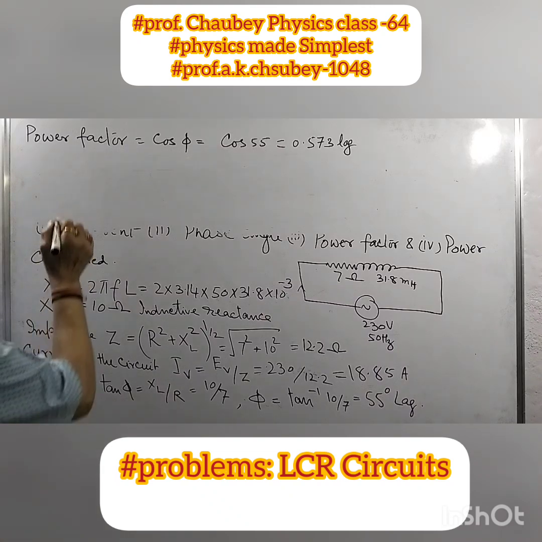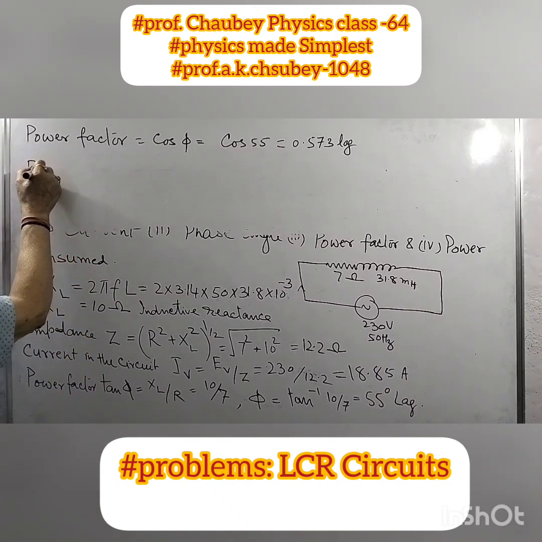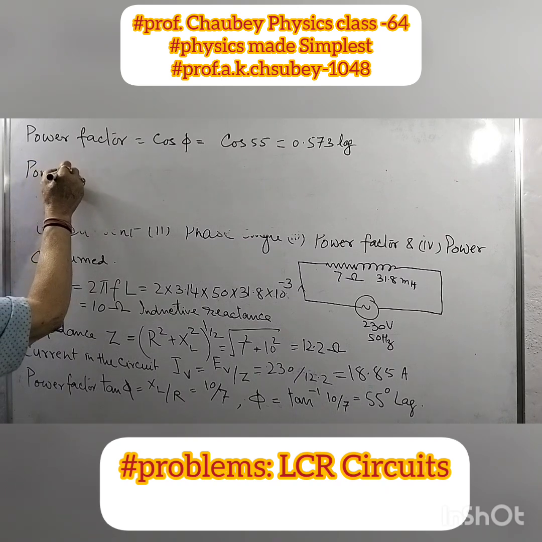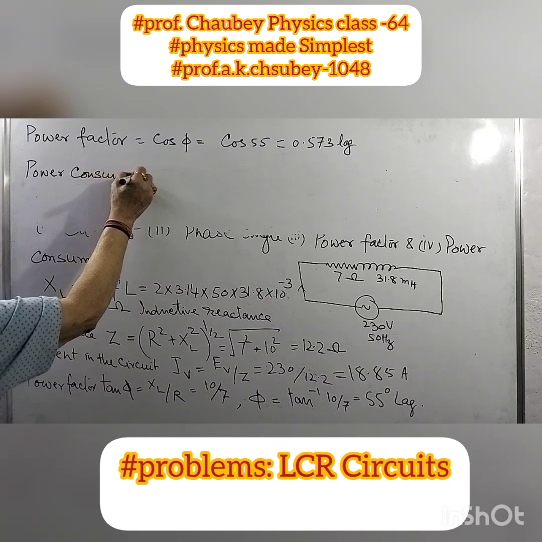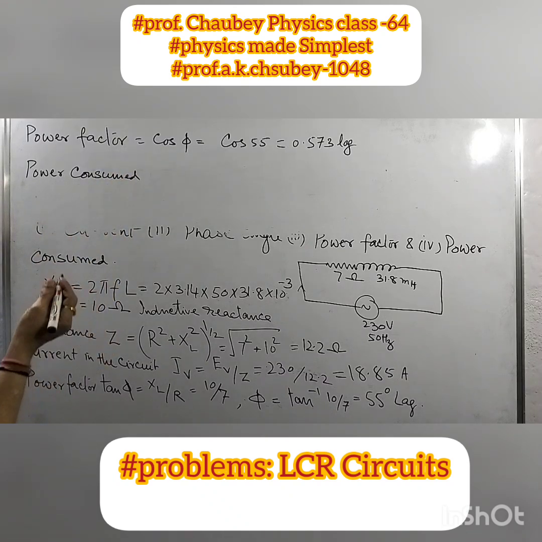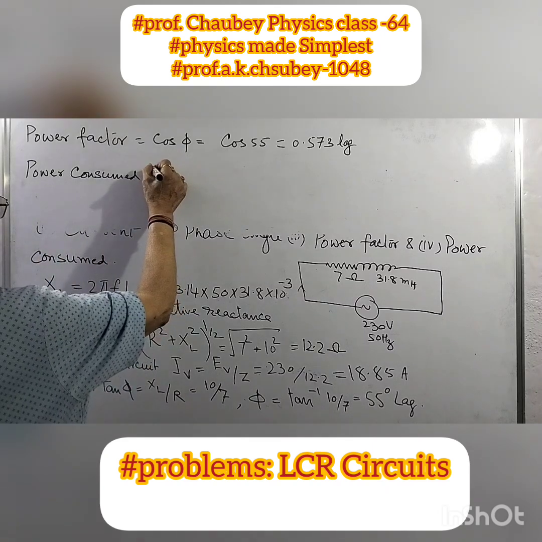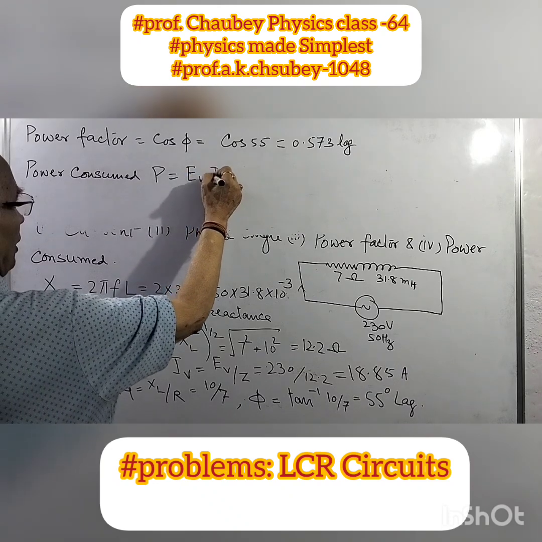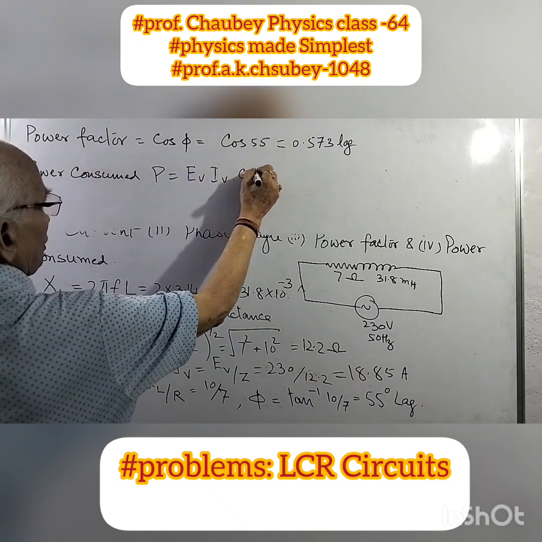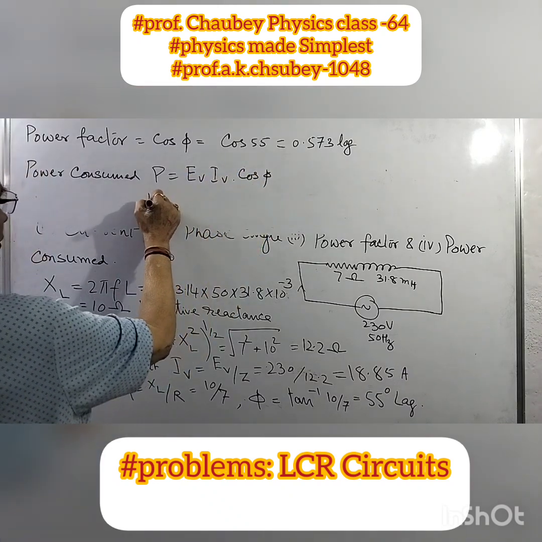So what is the power consumed? Well, power consumed P is equal to EV IV cos phi by definition.